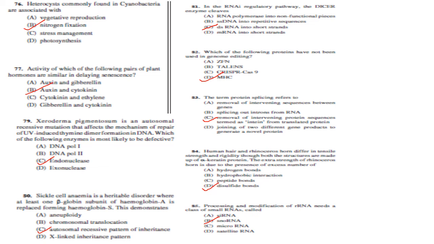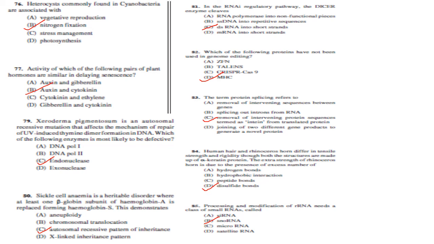Then next one. Sickle cell anemia is a heritable disorder where at least one beta globin subunit of hemoglobin A is replaced, forming hemoglobin S. This demonstrates autosomal recessive pattern of inheritance. Answer is option C. Then, in the RNAi regulatory pathway, the dicer enzyme cleaves.